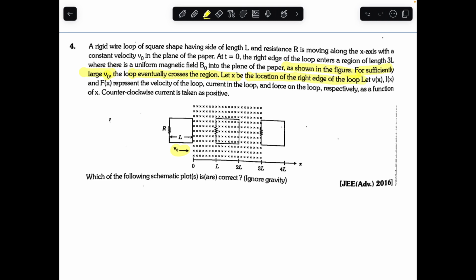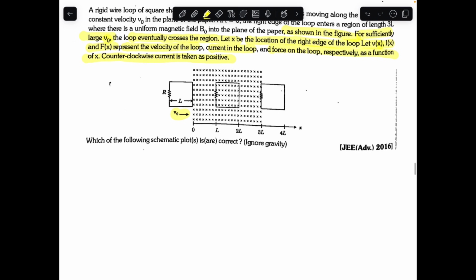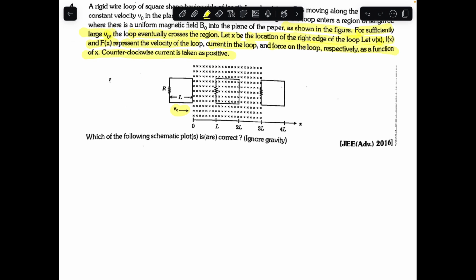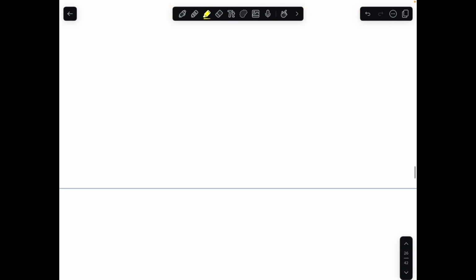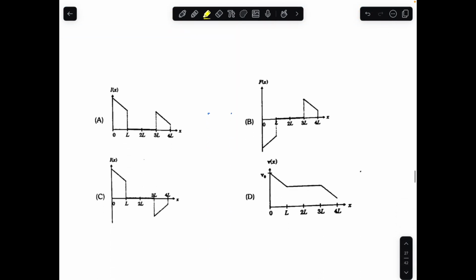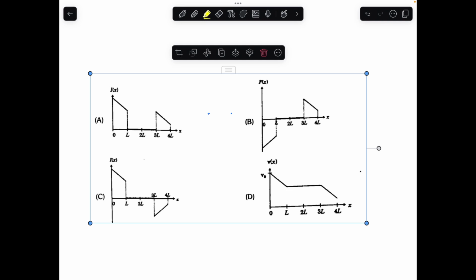Let x be the location of the right edge of the loop. Vx, Ix, and Fx represent the velocity of the loop, current in the loop, and force on the loop as a function of x. Counterclockwise current is taken as positive. Which of the following schematic plots are correct? So where are the schematic plots? These are the plots.